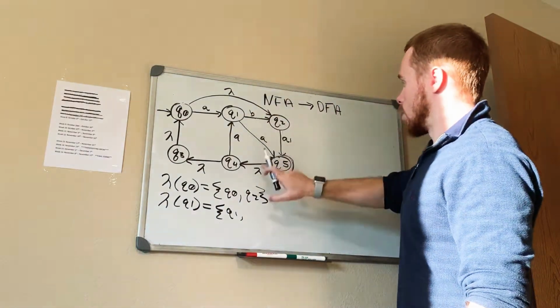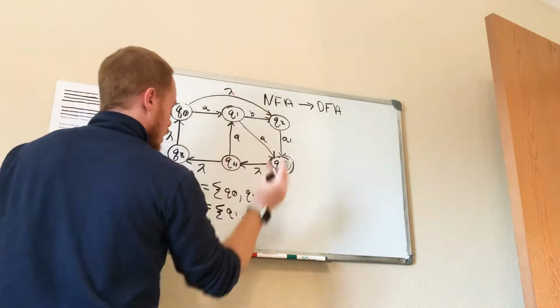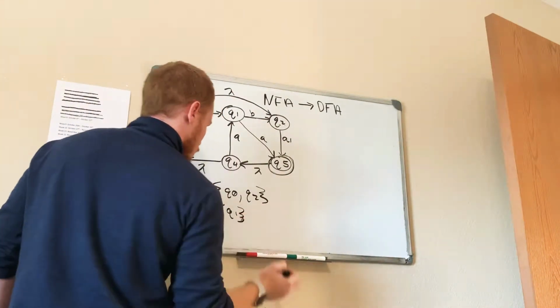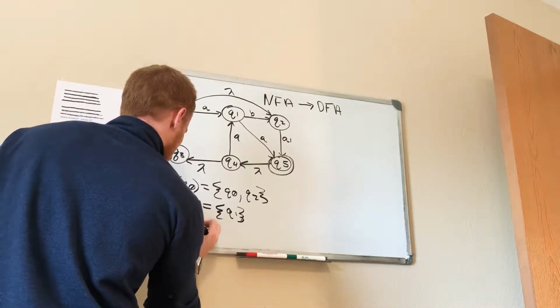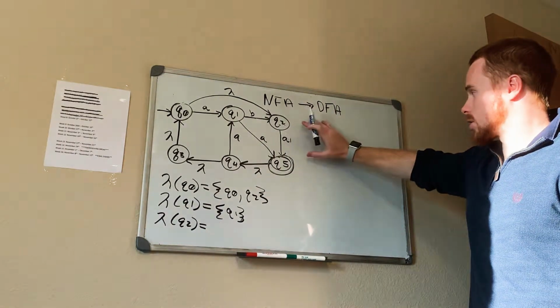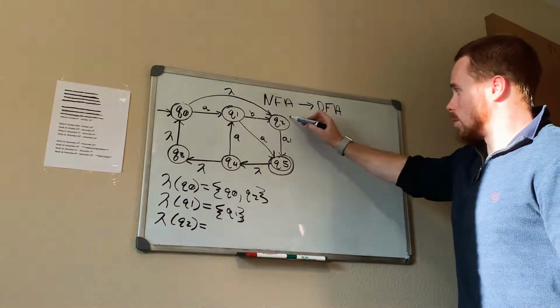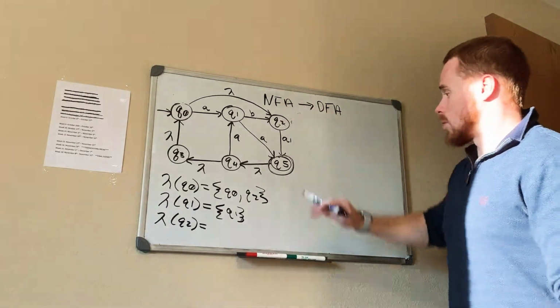We don't have any other paths to travel using lambda, so that is actually it. Let's do lambda closure of Q2. Let's go to Q2, which is a state. Remember, you can always go back to yourself using lambda. So Q2.